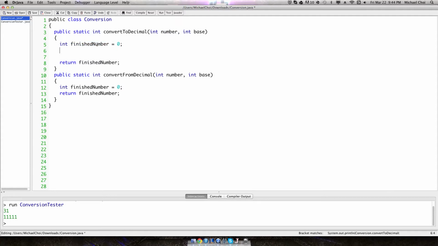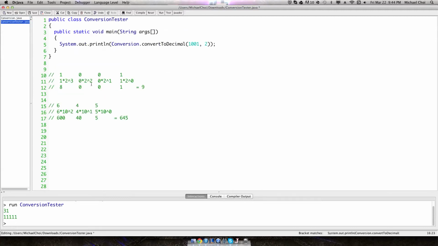Notice we have to have one more value, integer order, and let's assume integer order is equal to 0. What order represents is the order here, 3, 2, 1, 0. The way we're going to do this is we're going to calculate what each of these values is, and then add them all up to find what our decimal value is, okay? So this is converting binary to decimal.